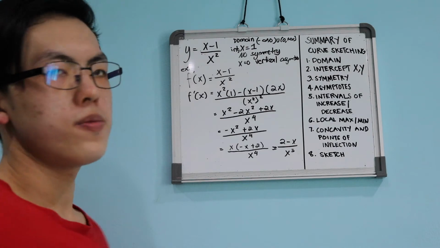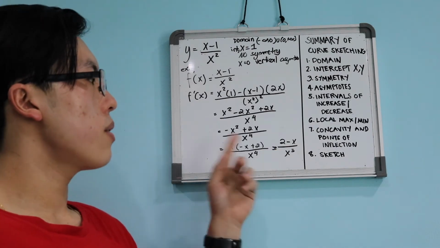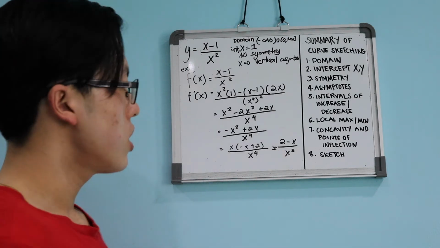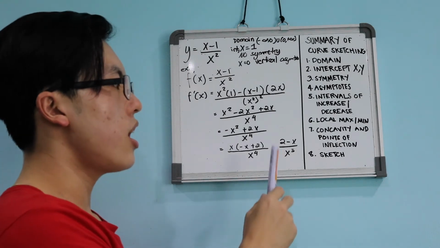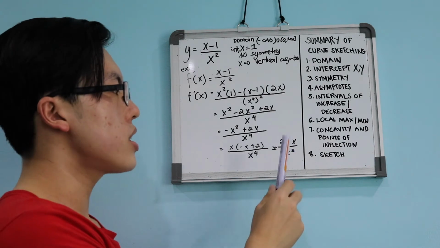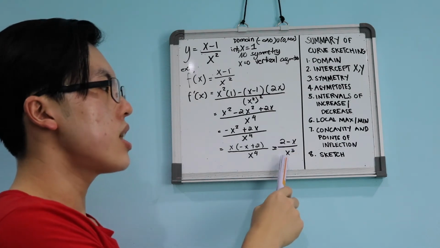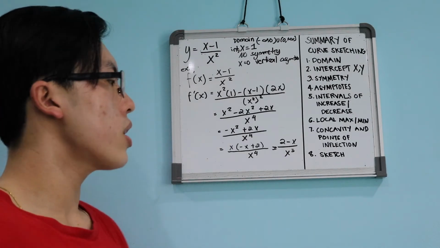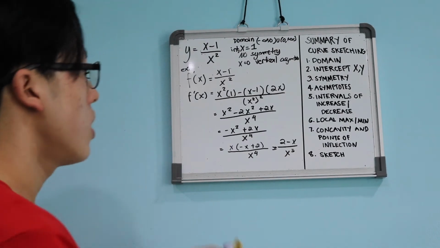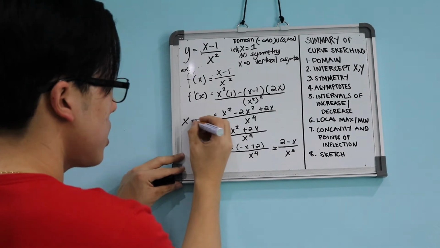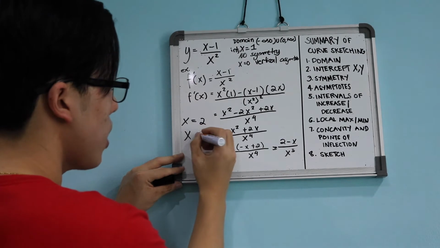So you need to find the values that make the numerator and the denominator equal to 0. The value that makes the numerator equal to 0 is positive 2, and the value that makes the denominator equal to 0 is 0. So now we know that x is equal to 2 and x is equal to 0.